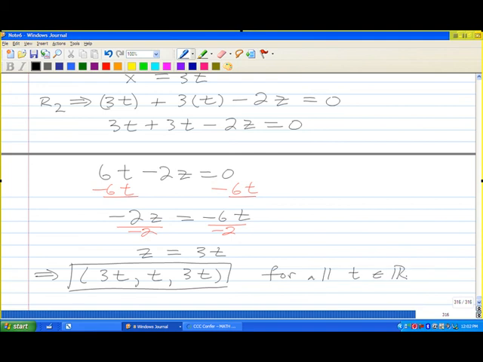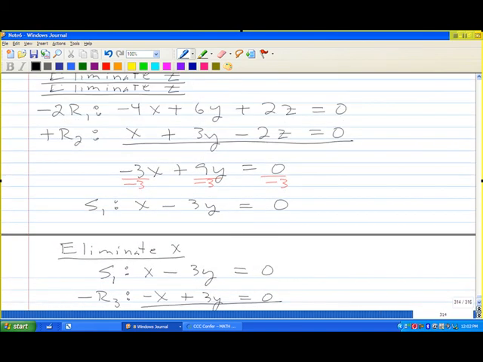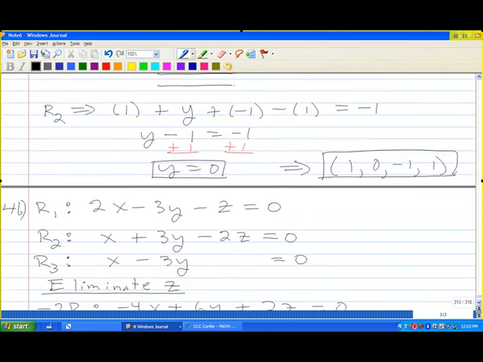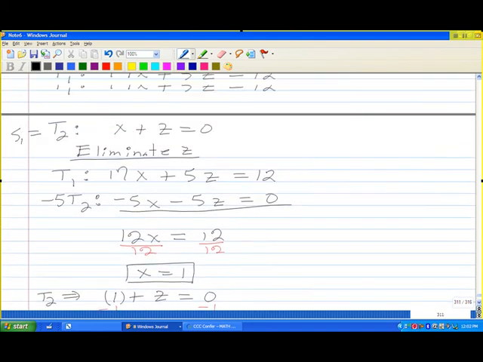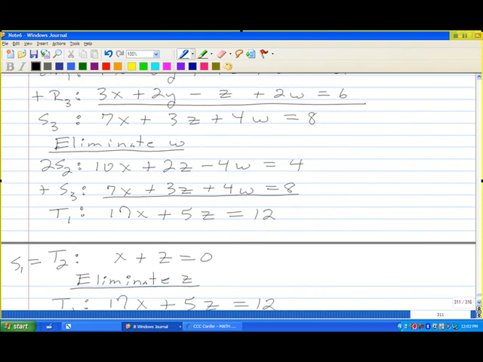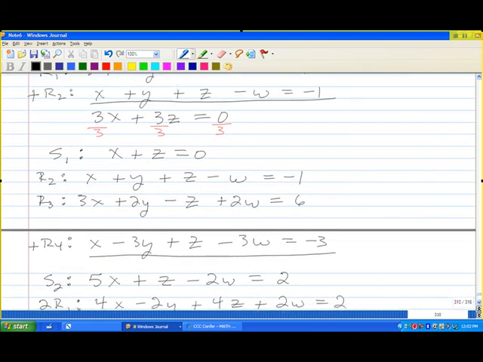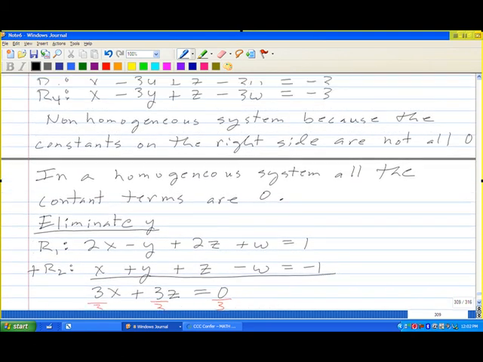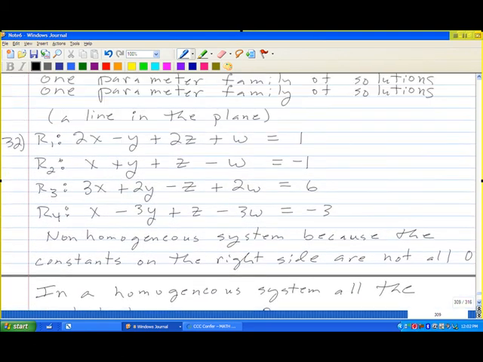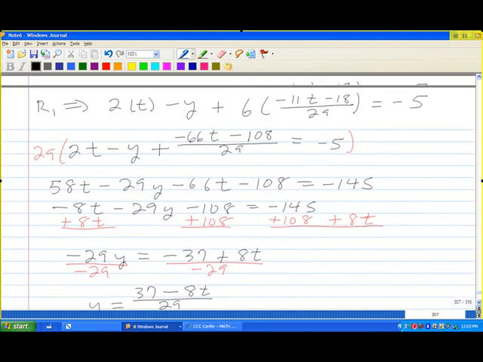Actually, I should have written that above for the underdetermined system.